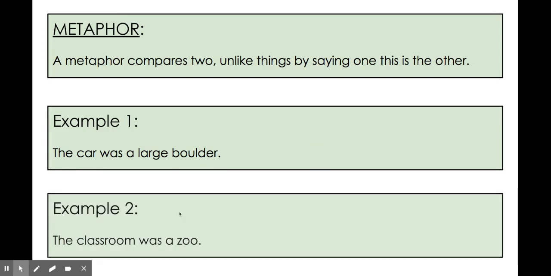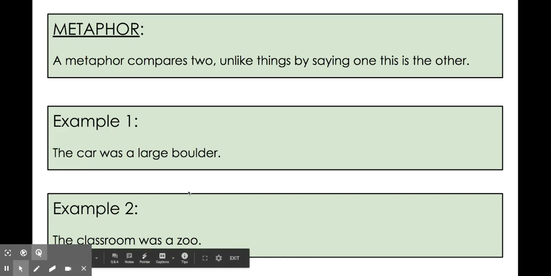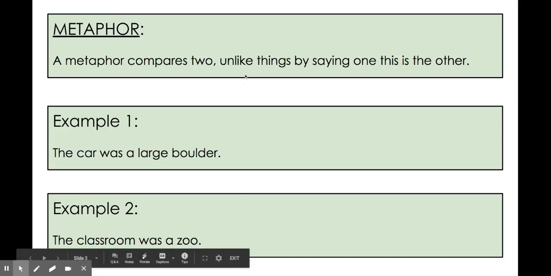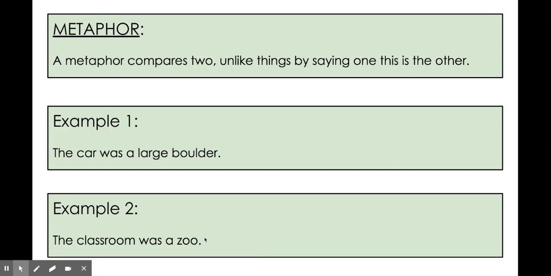Another example, the classroom was a zoo. The two things that we are comparing in here that are unlike, they're not the same thing, is a classroom and a zoo. Now we know a zoo has a bunch of animals. It can be loud sometimes, and animals might be running around, maybe in their cages, but they're still very active.